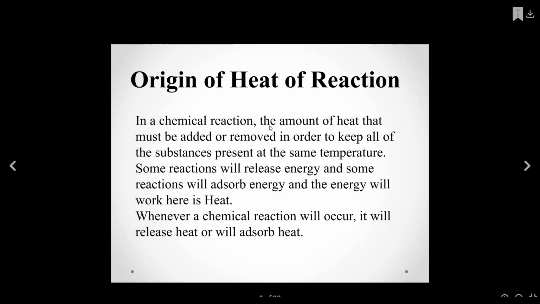Generally, in any reaction, there must be a release or absorption of energy for the reaction to take place. But because we are talking about thermochemistry, the energy we are talking about is heat. So the heat of reactions is usually produced when there is a chemical reaction.